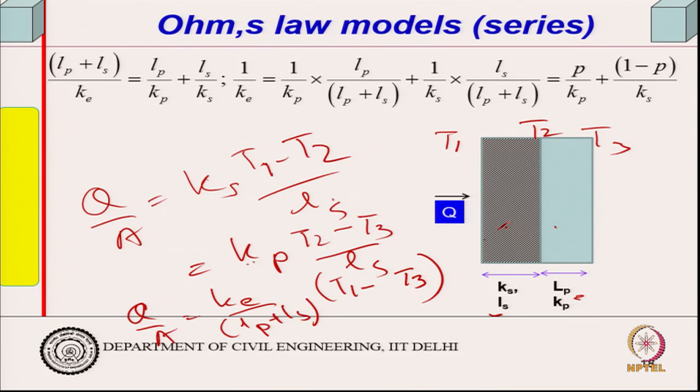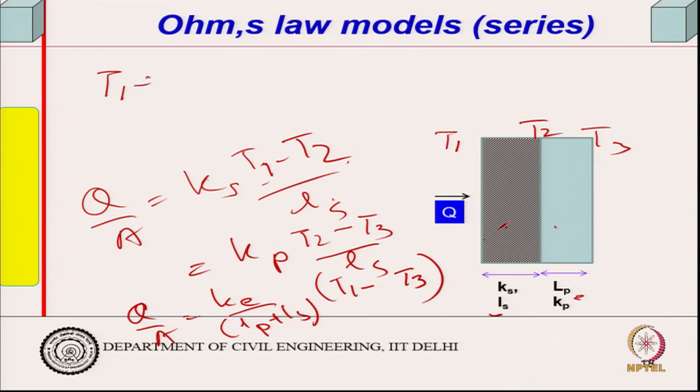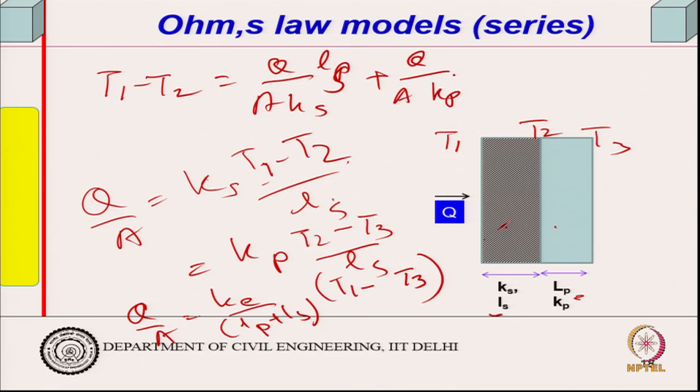So, if I again do the same thing I did in the last class, T1 minus T2 would be given as Q by A K s into L of the solid, plus Q by A K pore into L of the pore, T2 minus T3, and this will cancel out.